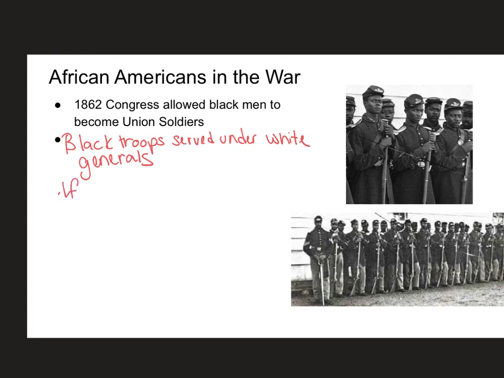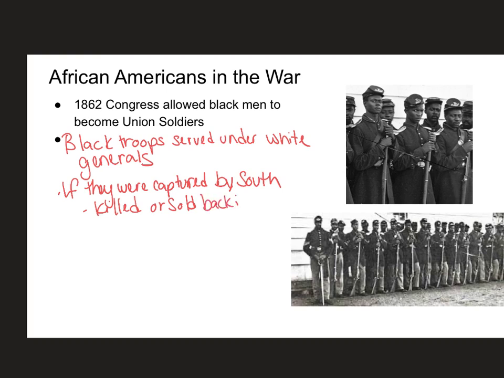If they were captured by the North, or I'm sorry, by the South, if they were captured by the South, they were either killed or sold back into slavery. And 186,000 African Americans served in the Union Army. That's a lot. That's a big deal.